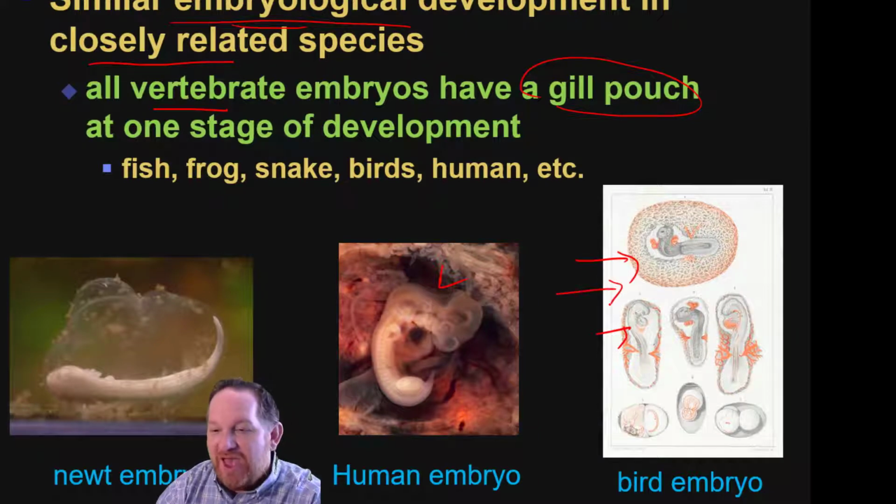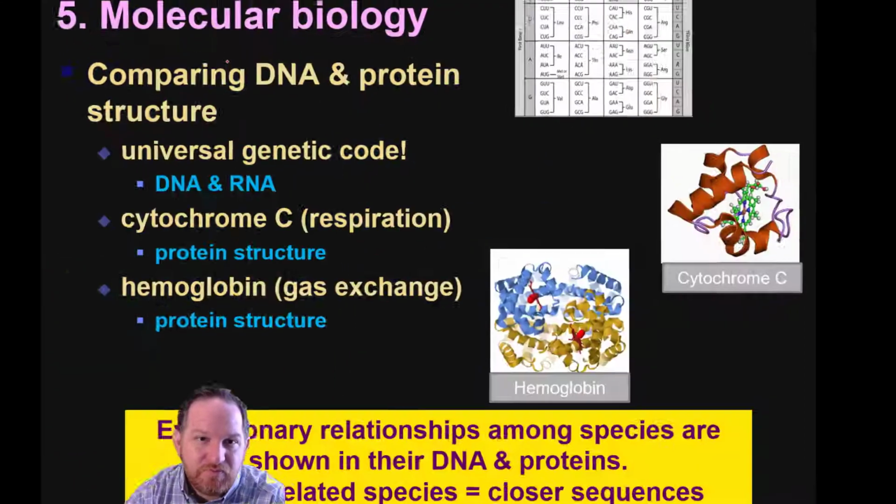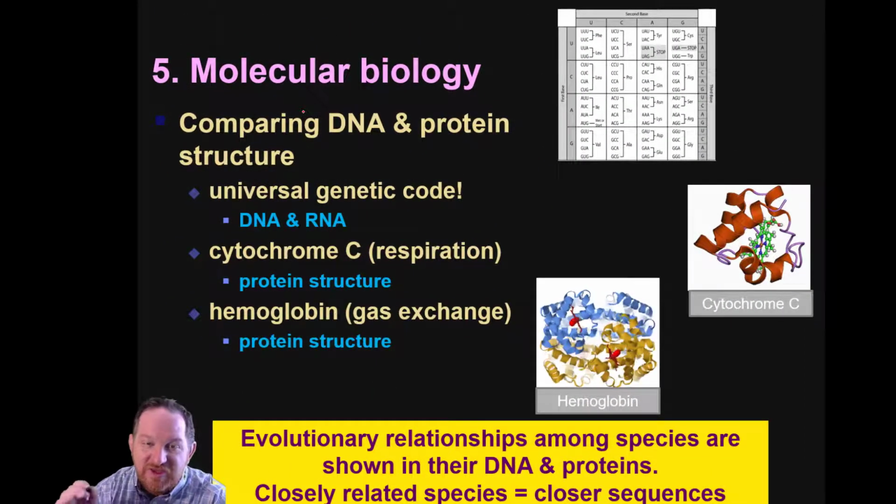And as we are growing, as we are developing embryologically, you can actually see these remnants and this similar development in these closely related species. Pretty interesting when you start to really look and see all of the shared specific characteristics that we show when we're developing. Okay, so then this one, I think, number 5, is our most overwhelming evidence.